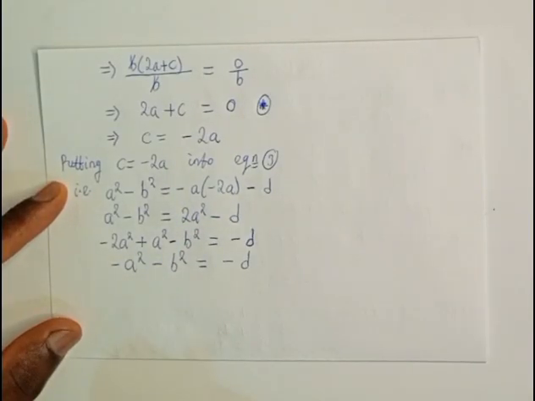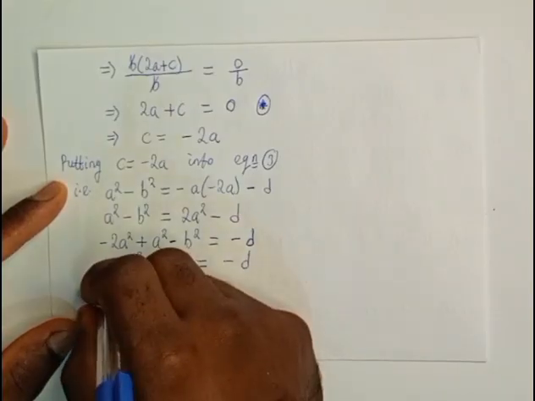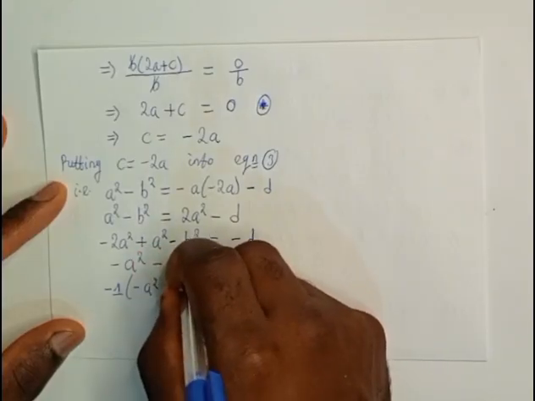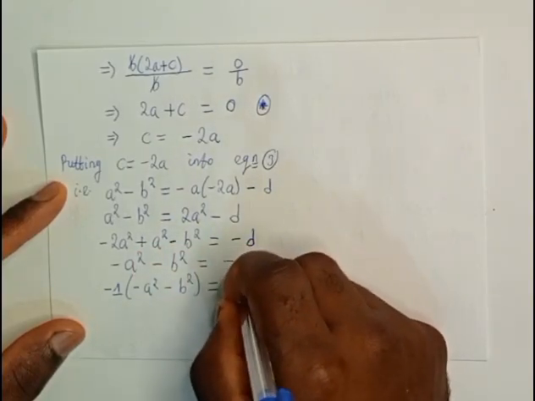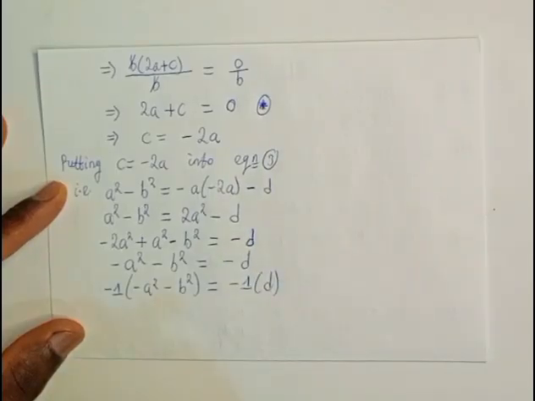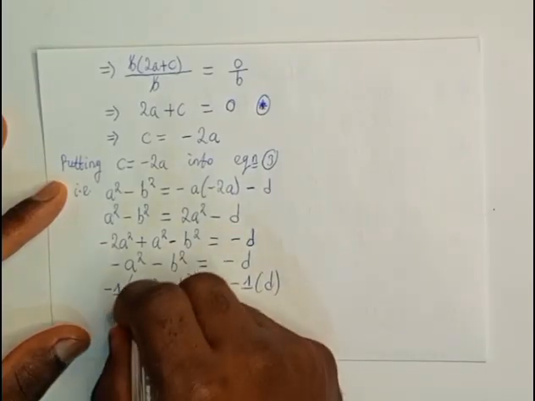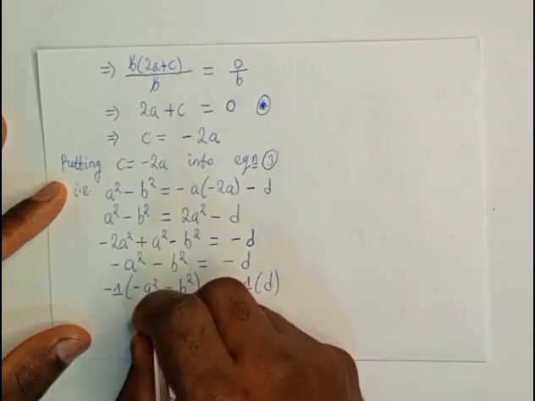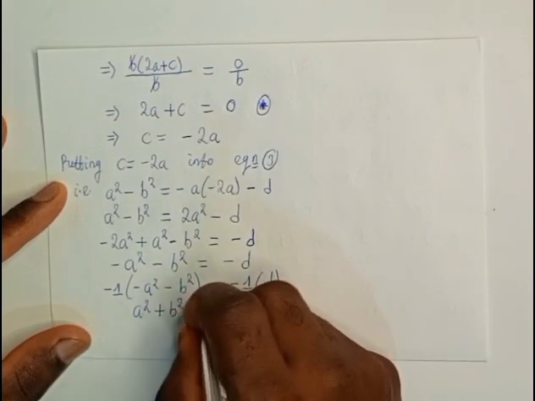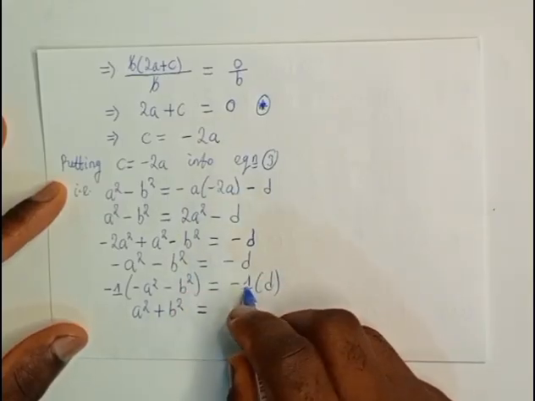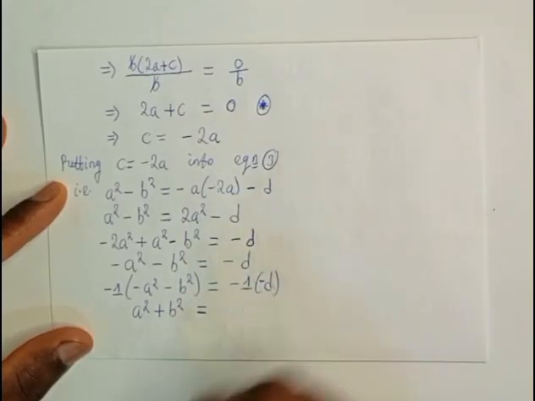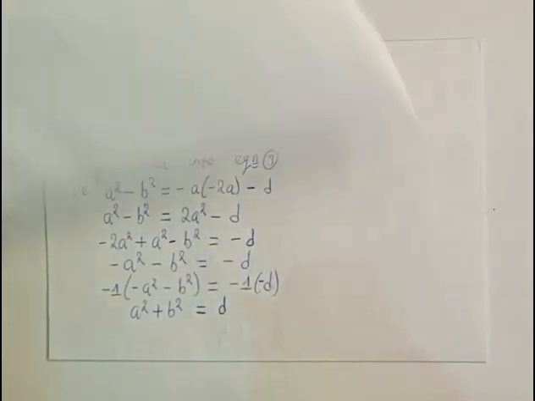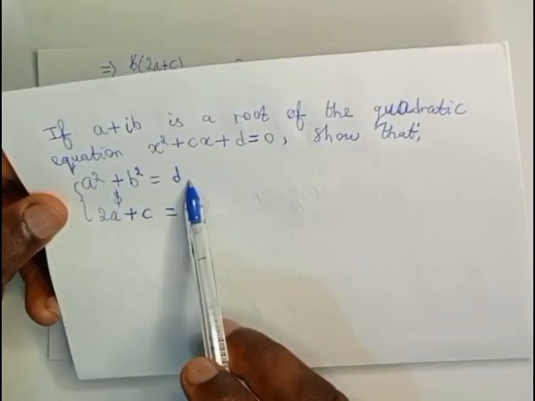Next, we have to multiply both the left hand side and the right hand side by negative 1. Negative 1 times negative a squared gives us a squared. Negative 1 times negative b squared gives us plus b squared is equal to negative 1 times negative d, which gives us d. And this is what we have to show for the first part.